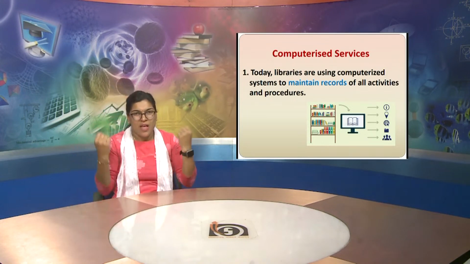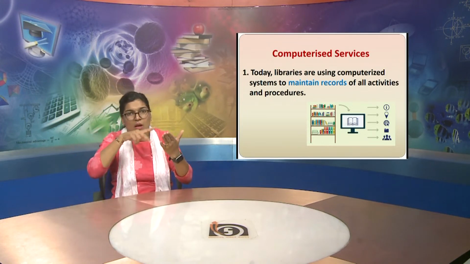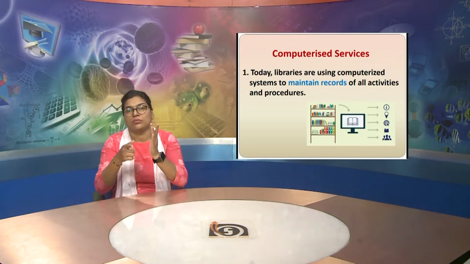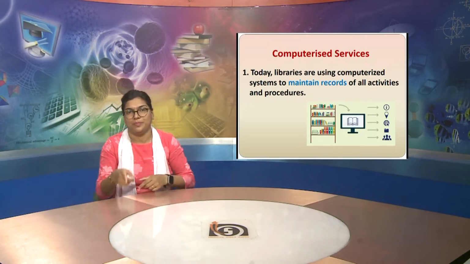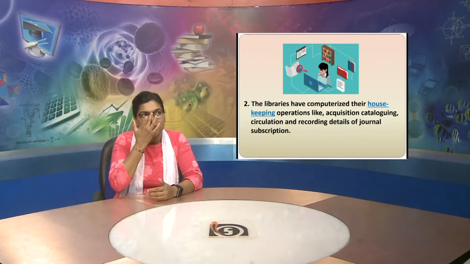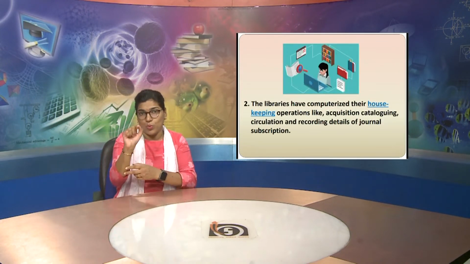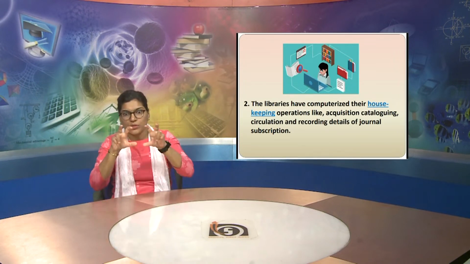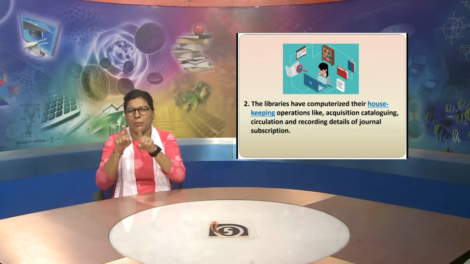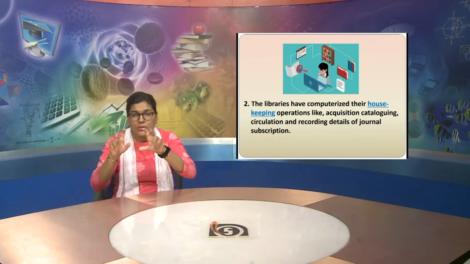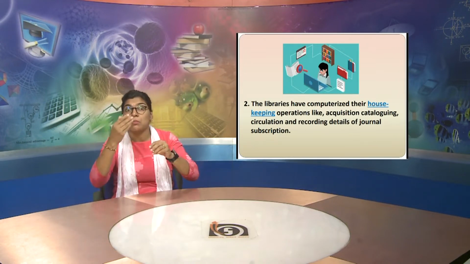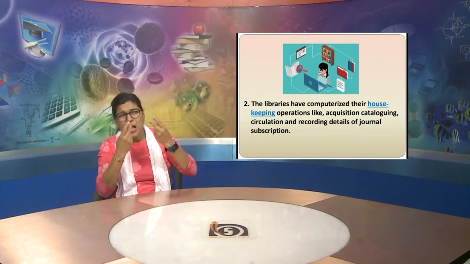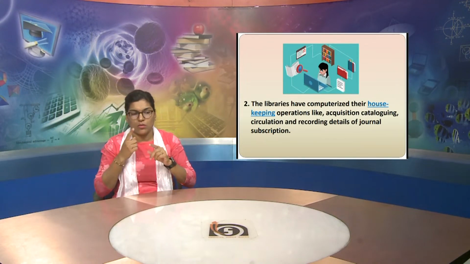So we call it computerized services. If we compare it with the previous work, then we say that earlier we used to do it all manually. Point number 2. The libraries have computerized their housekeeping operations like acquisition, cataloging, circulation, and recording details of journal subscription.